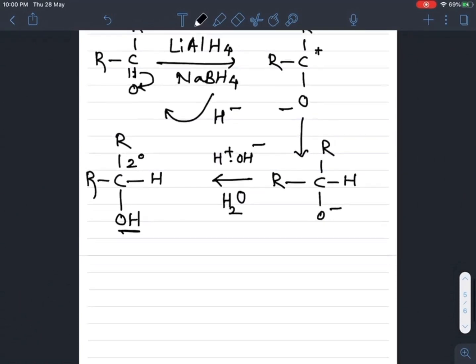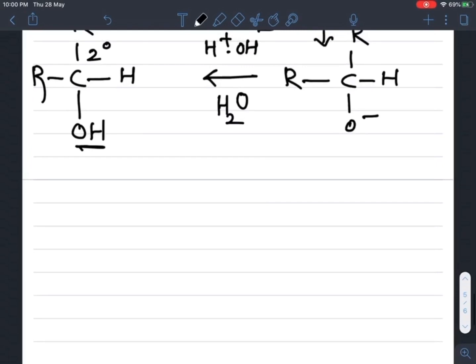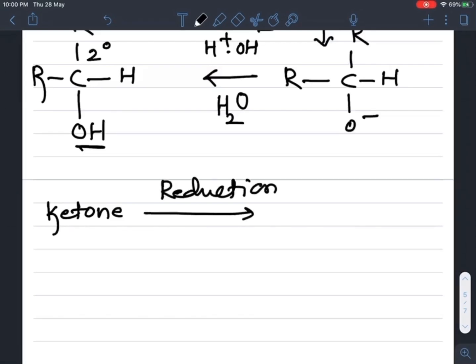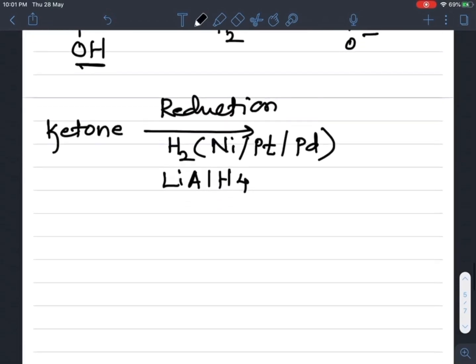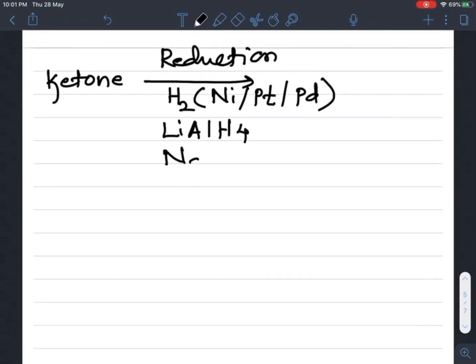So the general statement for ketone is: when any ketone undergoes reduction by using hydrogen gas with nickel, platinum or palladium, or LiAlH4, lithium aluminum hydride, or sodium borohydride, any reducing agent, then it is converted into secondary alcohols.